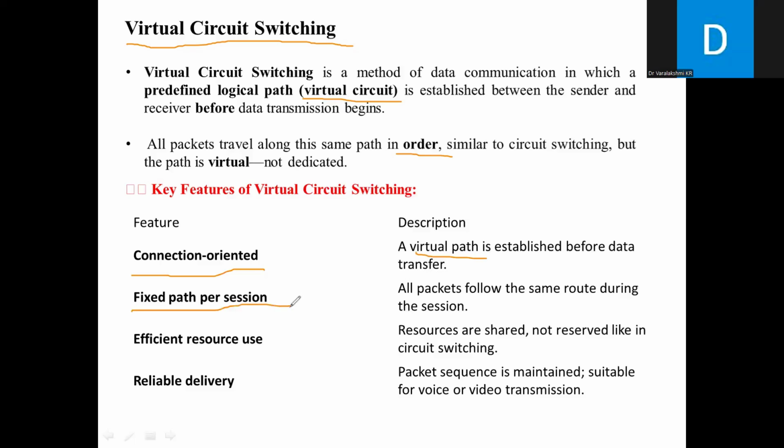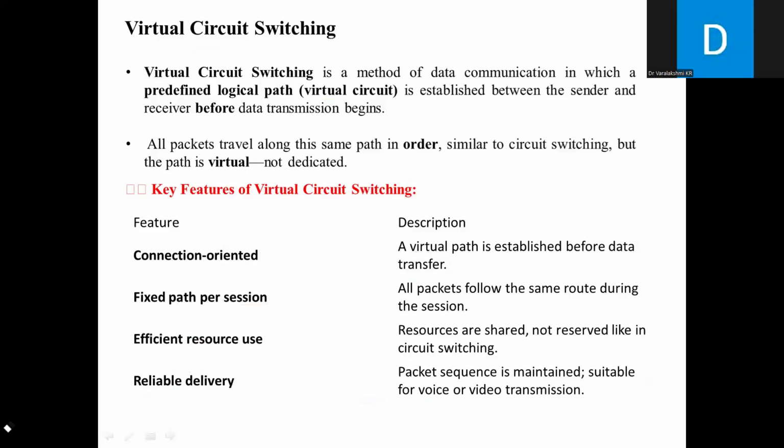Once the session has started, all the packets follow the same route during the session. Next is efficient resource use, where the resources are shared, not reserved like in circuit switching. And reliable delivery, where the packet sequence is maintained. We especially require this in voice or video transmission.